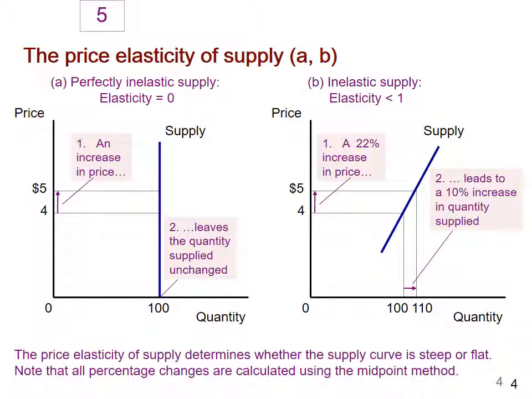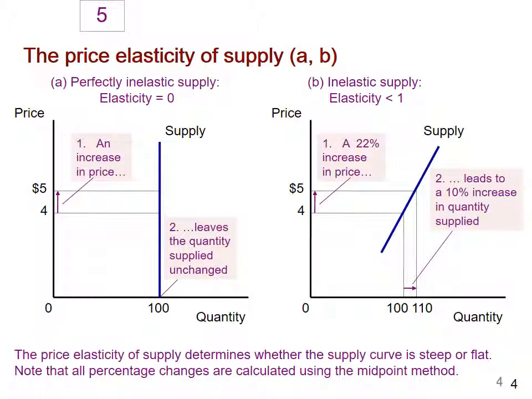So in this case, no matter what the price, the quantity supplied will not change. This is the extreme case in which the sellers just cannot respond to a change in price. An example could be stadium tickets or seats in the Metrodome. They are limited no matter what the price. You can't really increase the number of seats at the dome.